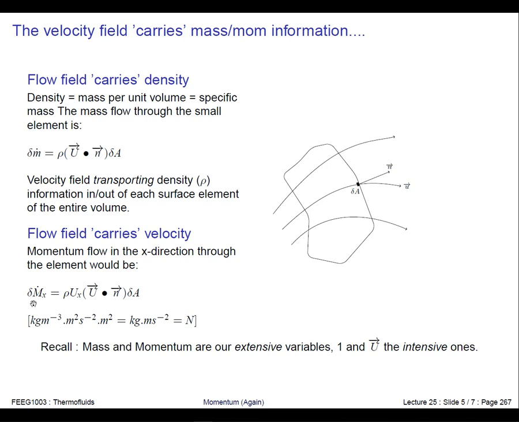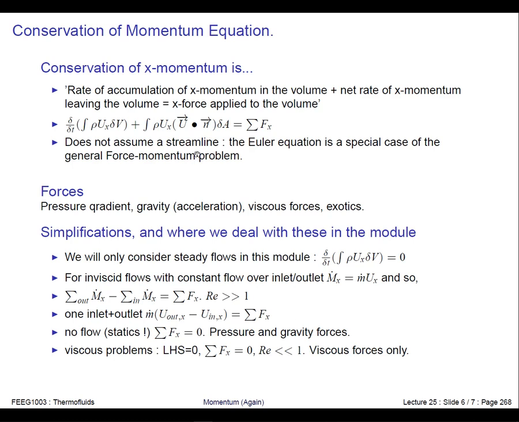So this dmx is the amount of x momentum being carried out of the control volume in this particular direction. And this is a force that's being acted on. When we do that, we end up with a momentum equation that looks like this, and we've done this using a control volume. We don't assume a streamline, so the Euler equation is a special case of this equation when it's applied to a streamline.